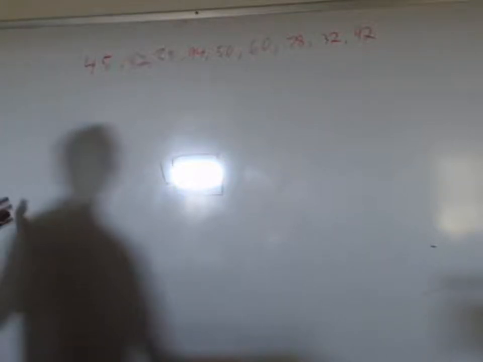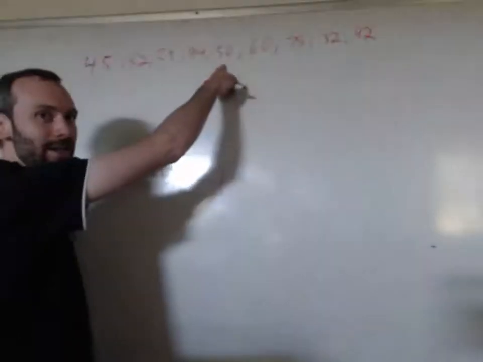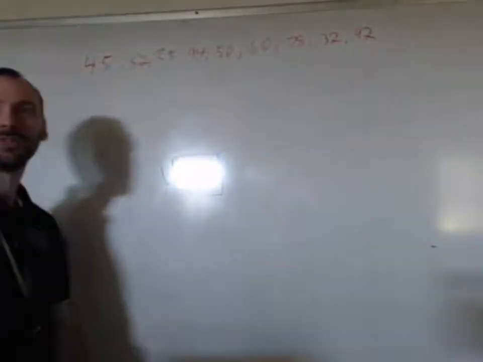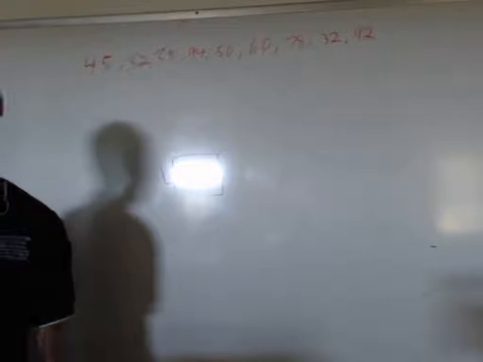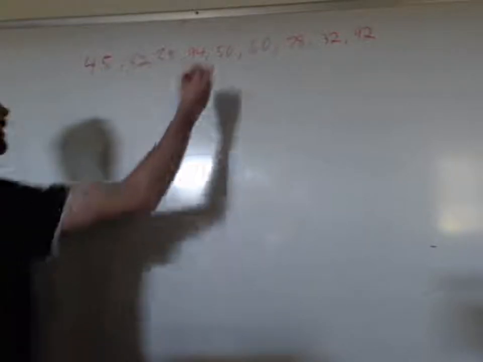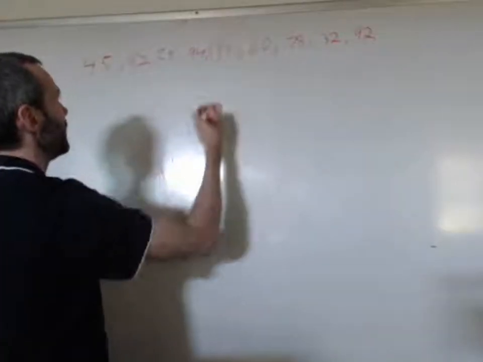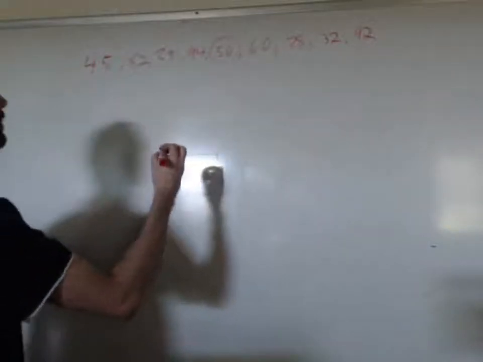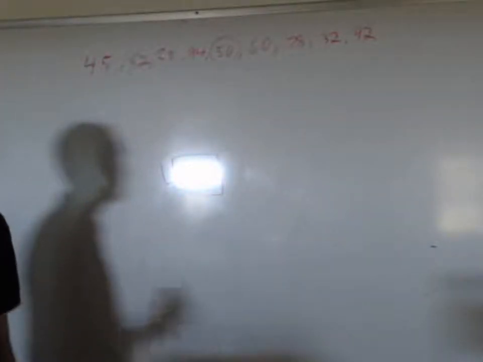Okay, there are many ways to choose the pivot. In this one, they chose the one in the middle, aka the 50. A good way to do this, like when you're on your exam. So you're going to have the 50, and you want to move it to the center. So what numbers are less than 50?